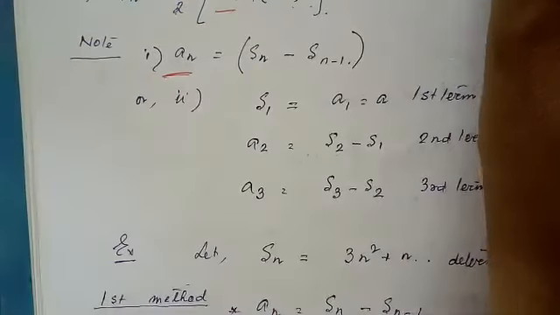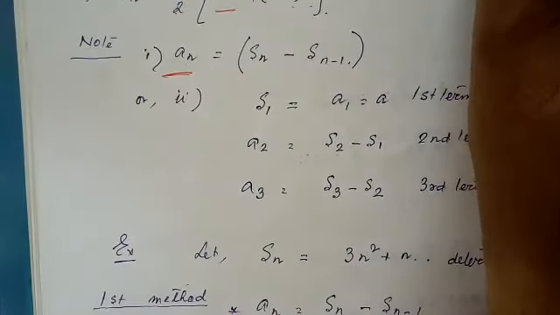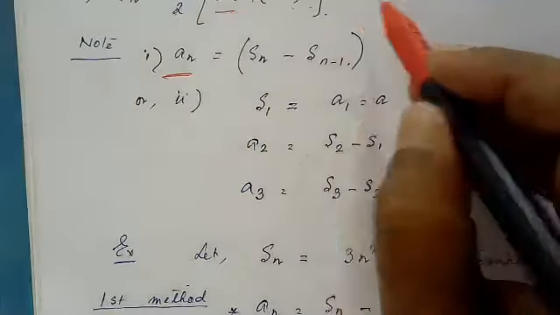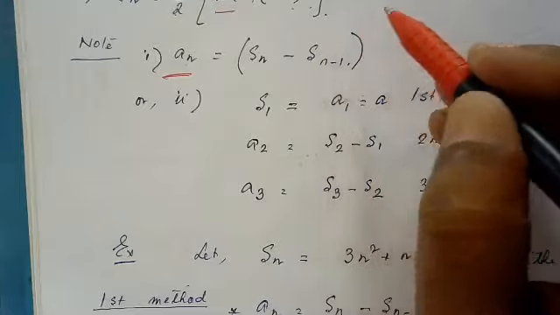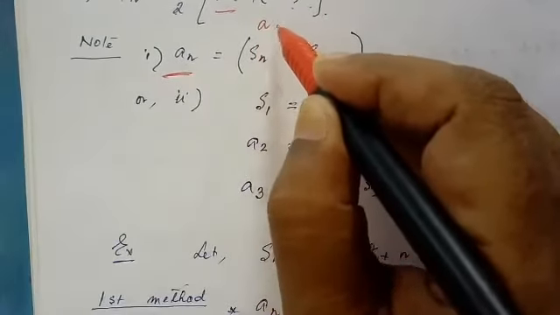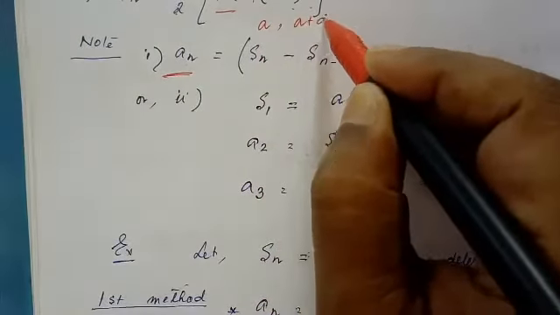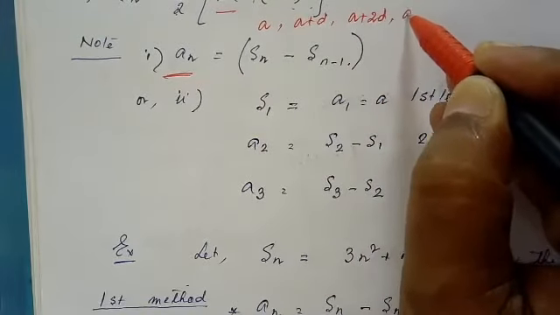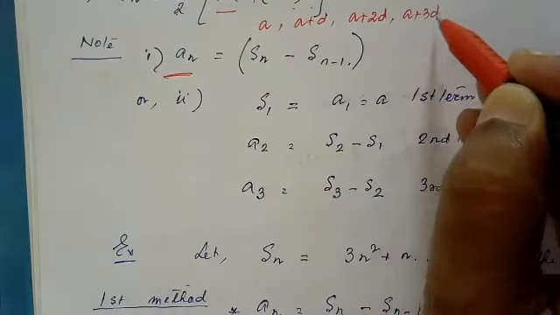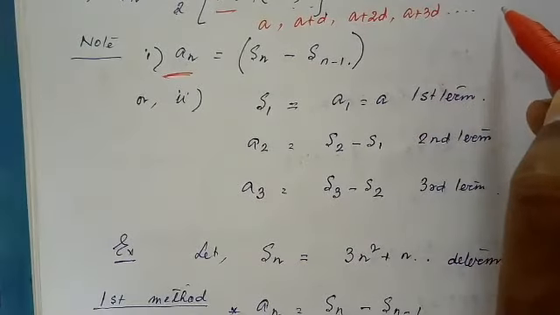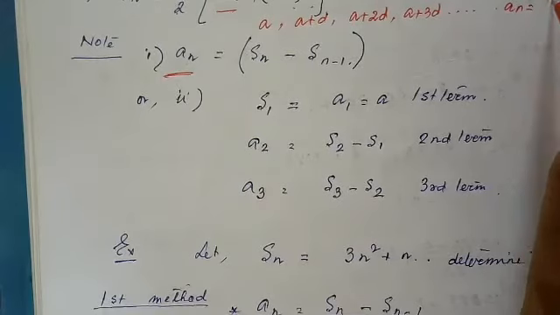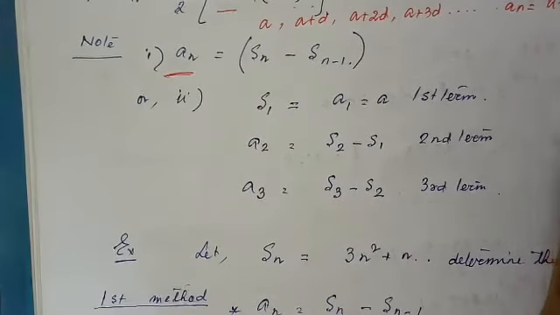Suppose this is the nth term. So what is the term before this? If I am writing a series, that is a, a plus d, a plus 2d, a plus 3d, ..., an, which is equal to a plus n minus 1 into d.